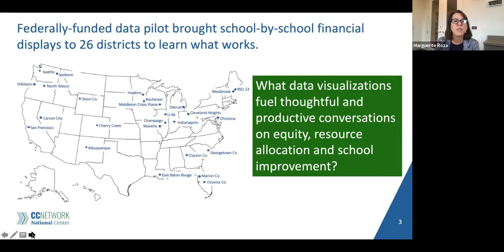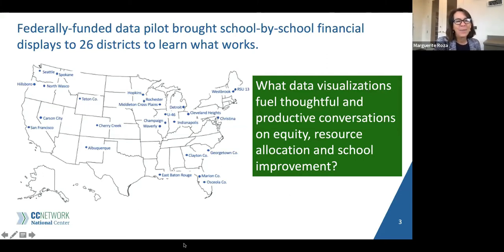This pilot project brought together 26 districts across the country to learn about what kinds of data displays work, what happens when they bring them to meetings, and where they need support. It was those 26 districts that really fed a lot of information into the tool that you're going to see today. So some of you may see districts you recognize.